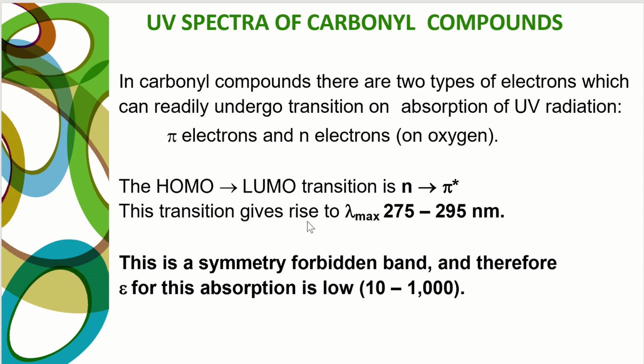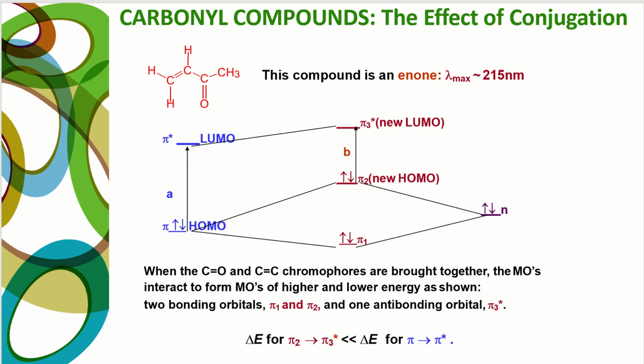This transition gives rise to a lambda max of 275 to 295 nanometers. This is a symmetry forbidden band, and therefore epsilon for this absorption is very low. In other words, the intensity is low for this transition.